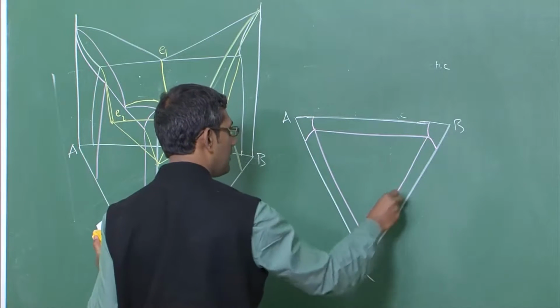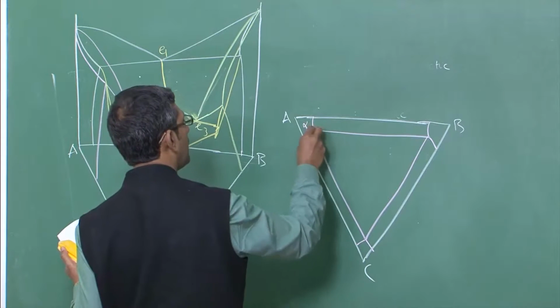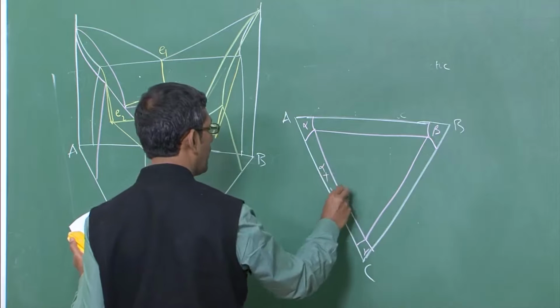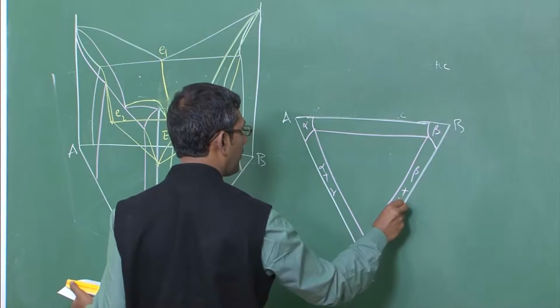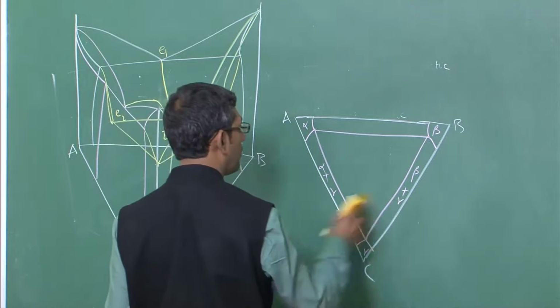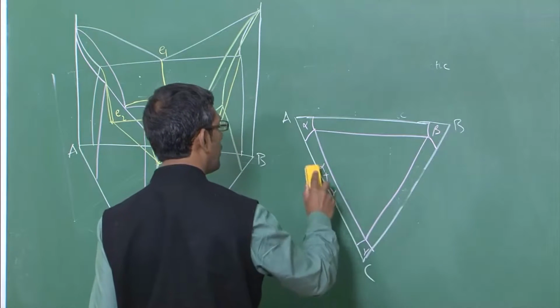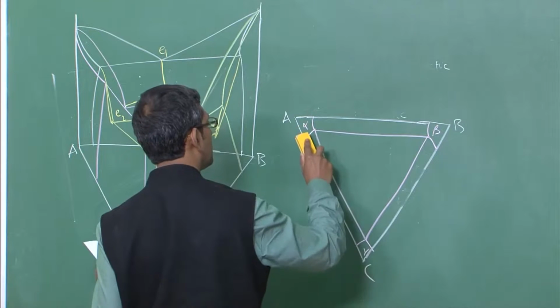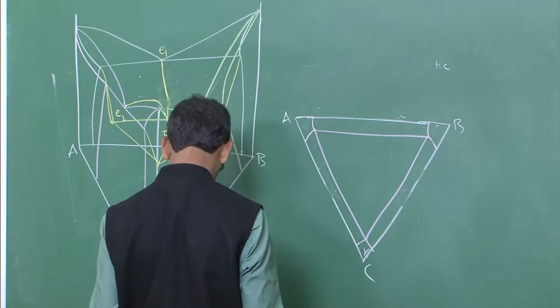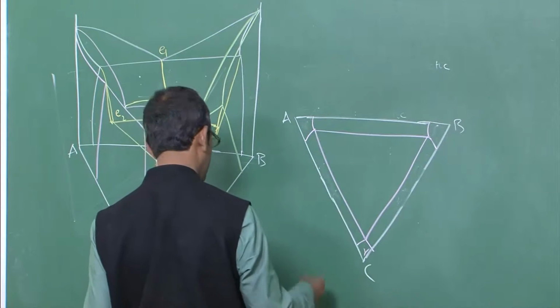These are the 3, so alpha, beta and gamma. This will be alpha plus gamma, beta plus gamma. Let us not write it, it will be complex. It will look clumsy, so only show by points or the lines.